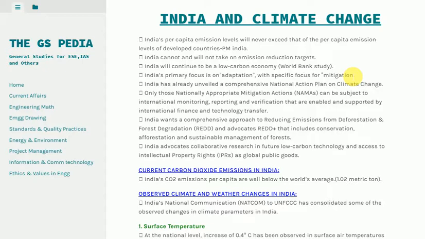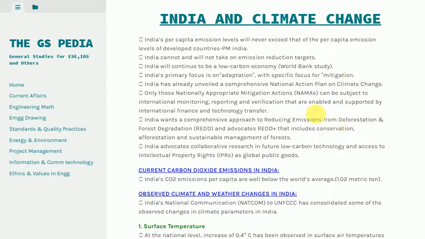India wants a comprehensive approach to reducing emissions from deforestation and forest degradation, and advocates that it include conservation, afforestation, and sustainable management of forests.